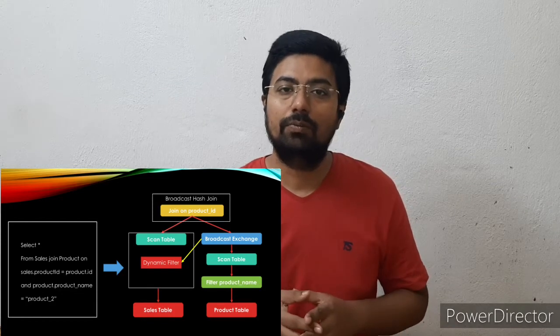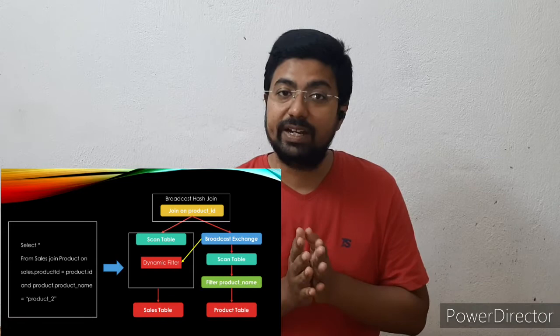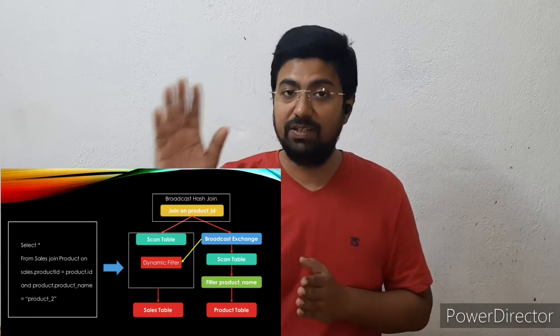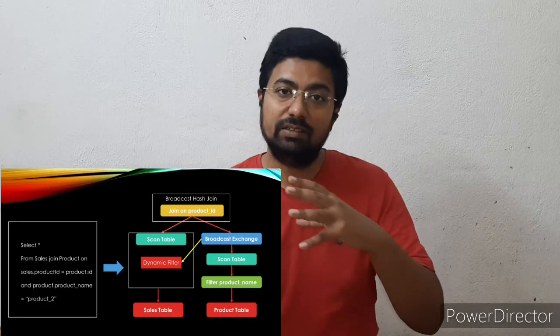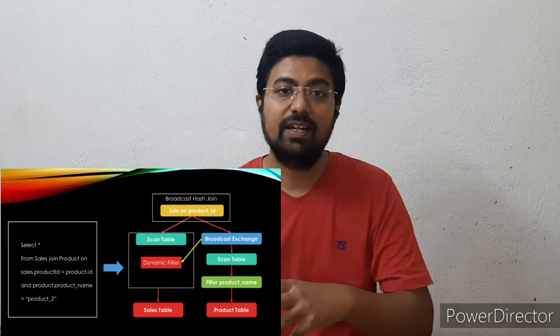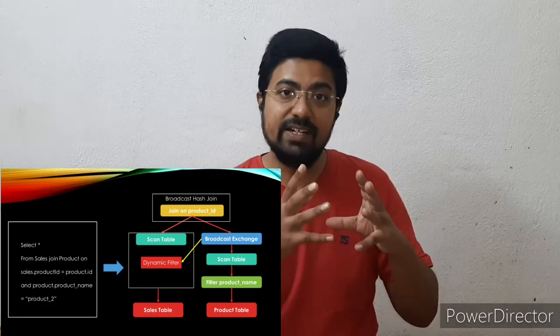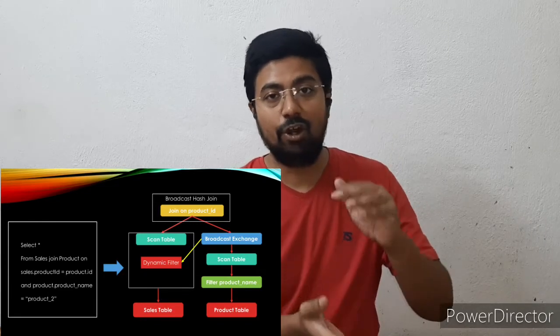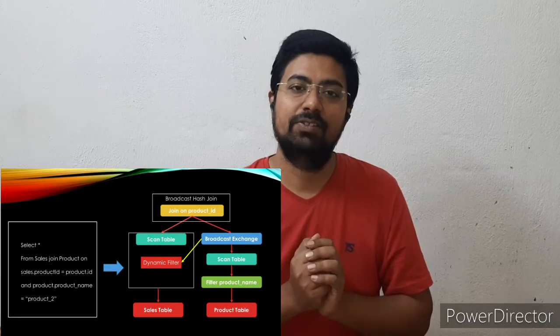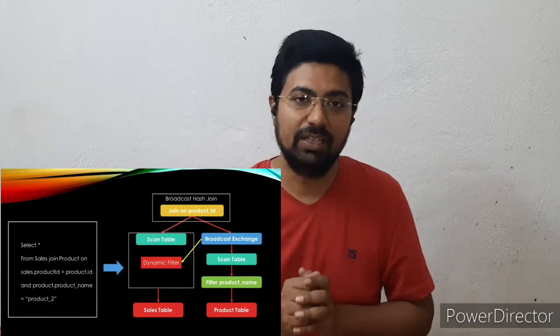When the result is broadcasted to the executor nodes, that result is applied as the dynamic filter in the scanner on top of the fact table. This is the most efficient technique of dynamic partition pruning.